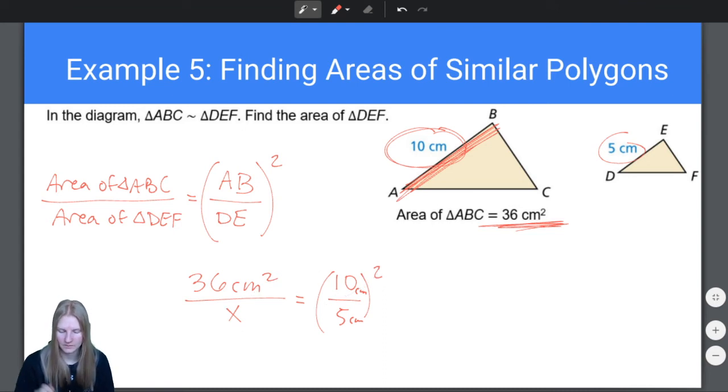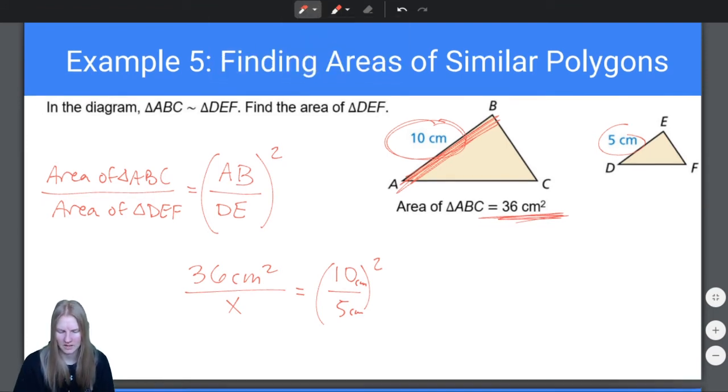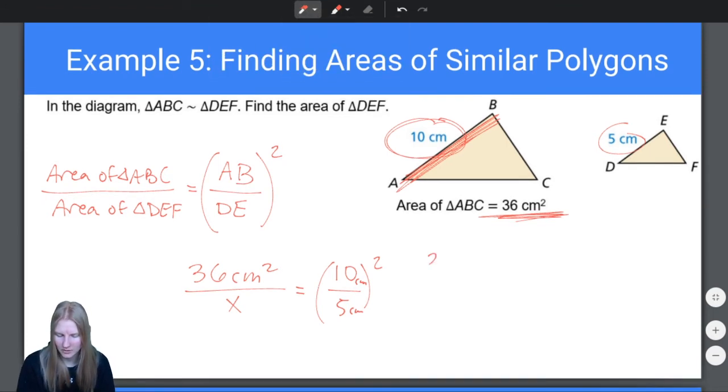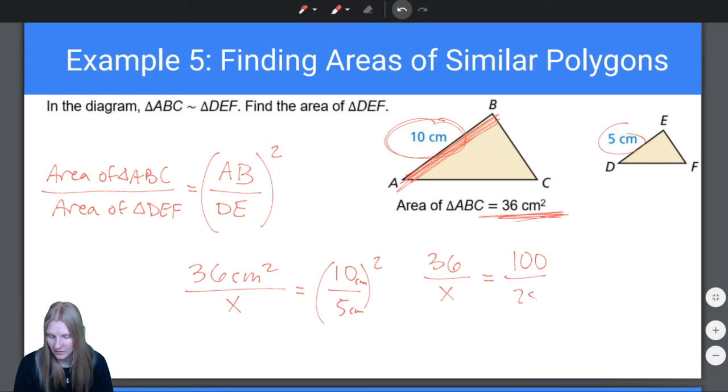But before we do that, let's simplify some things. Let's just leave off the units for now. 36 over x equals 10 squared is 100, and 5 squared is 25. That'll make it easier when we go to do our cross multiplication.